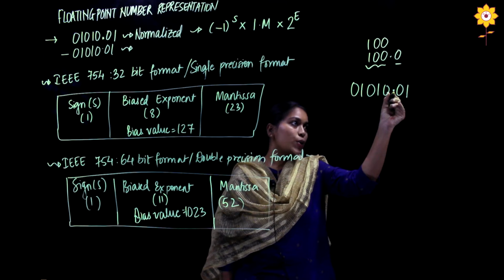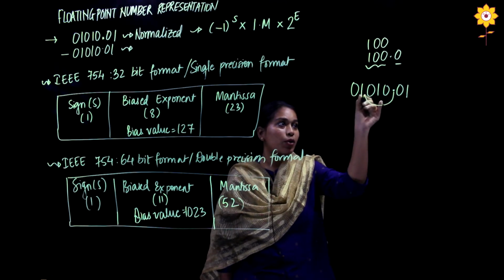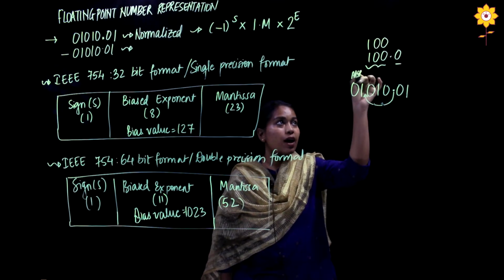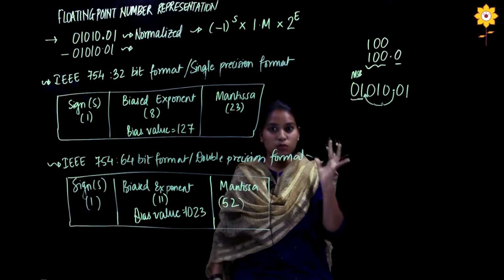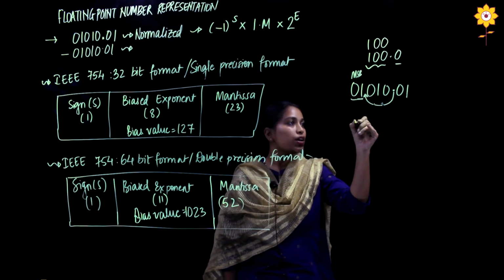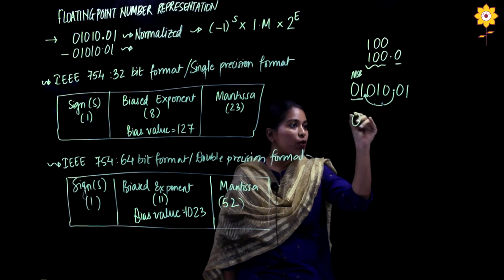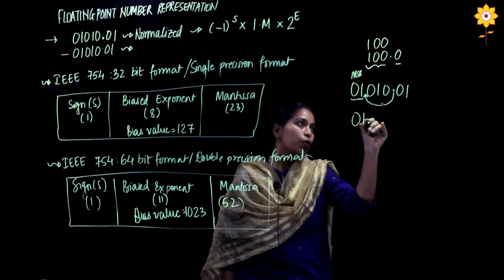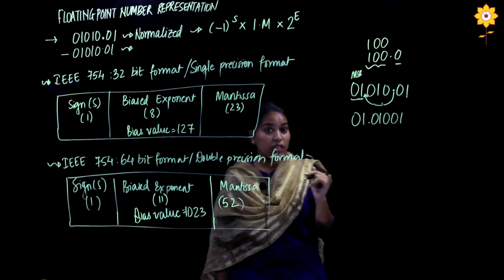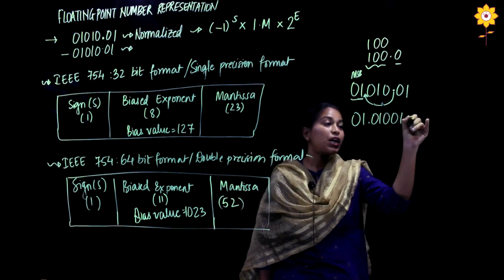So we are going to take this decimal point from here and place it here. This is our MSB bit, and after the MSB bit, this is the first one which occurs. So we move the decimal point over here. If the decimal point shifts, the number is going to become 01.010001.